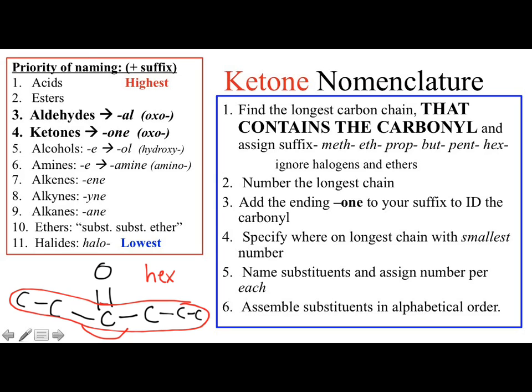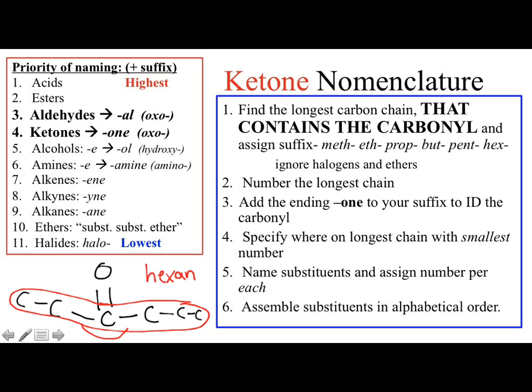Hex. All of our carbons except for our ketone are singly bonded, so we can specify that by making this hexane without the E ending. We haven't finished our name yet, just hexane. If it was just carbons and hydrogens, then we could finish off with hexane.